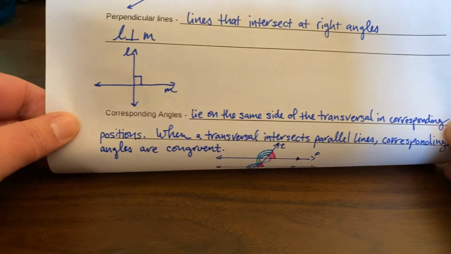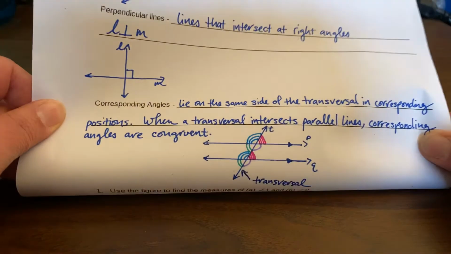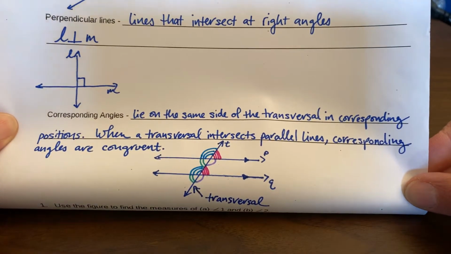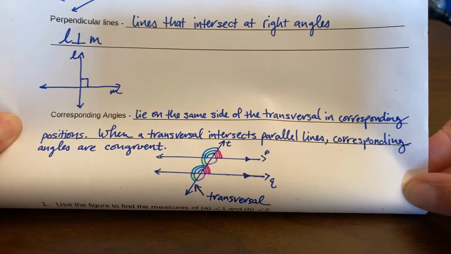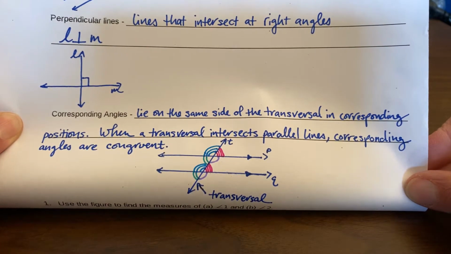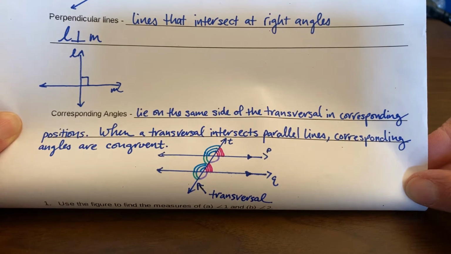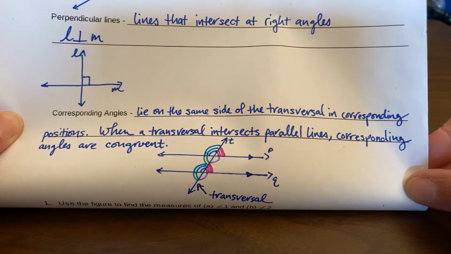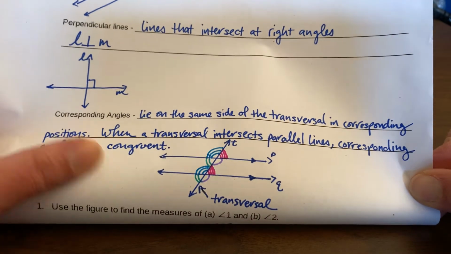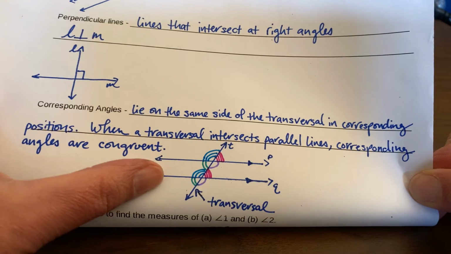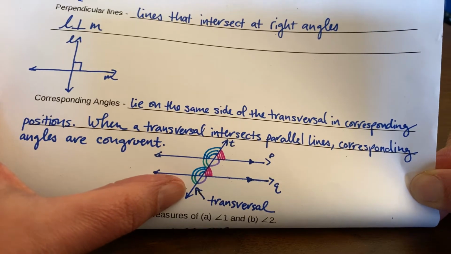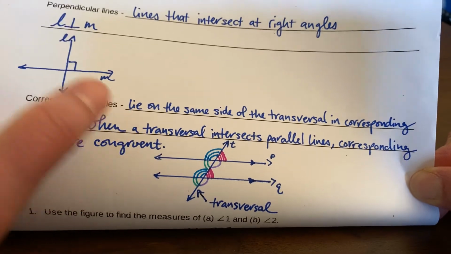Well, what are corresponding angles? Corresponding angles lie on the same side of the transversal in corresponding positions. Now, when a transversal intersects parallel lines, corresponding angles are congruent. And so you can see here, I have this lovely diagram with two parallel lines, P and Q, and this transversal T that intersects both of them.